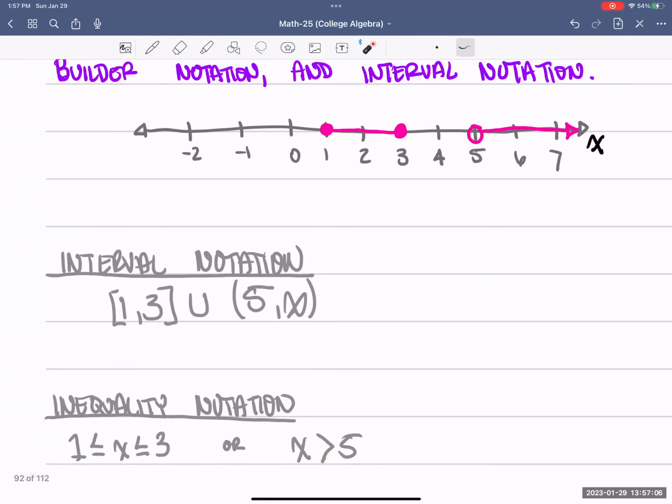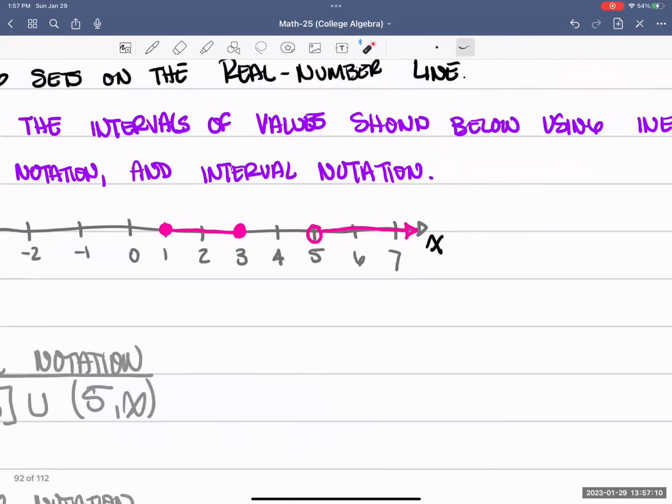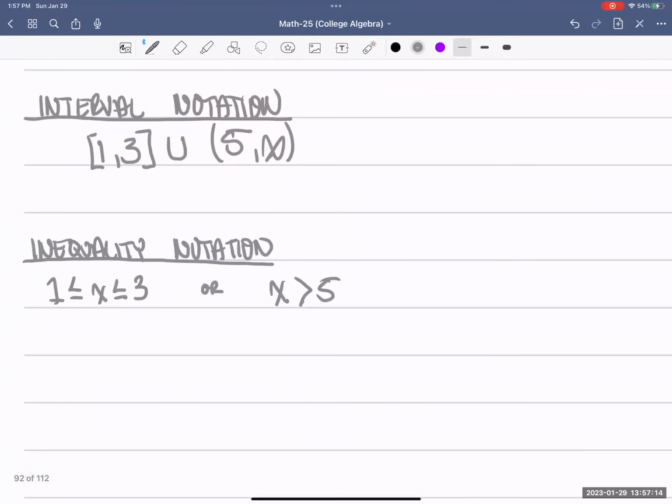And now lastly, they want us to put this in set builder notation. We could use our inequality notation to help us out with the set builder notation. With set builder notation, you're identifying first what variable you're working with.